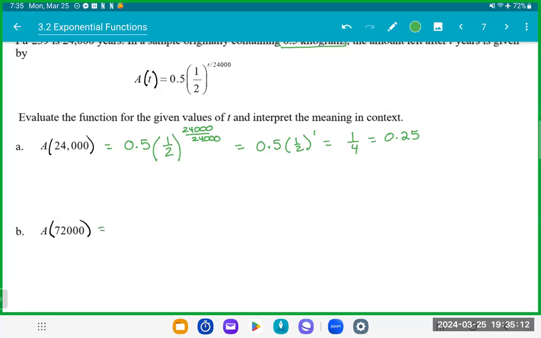So that would be 0.5 times our 1/2. Now we're looking at 72,000 years with the half-life of 24,000. So this is 0.5 times 1/2 cubed. And so this is going to be 1/16.